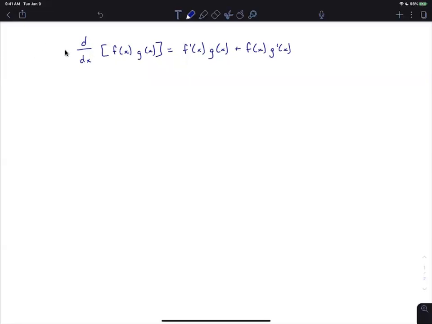So if I take the antiderivative of the left side, the derivative of f times g with respect to x, I get f times g, because it undoes that. And then the right-hand side is just the antiderivative of the whole thing.